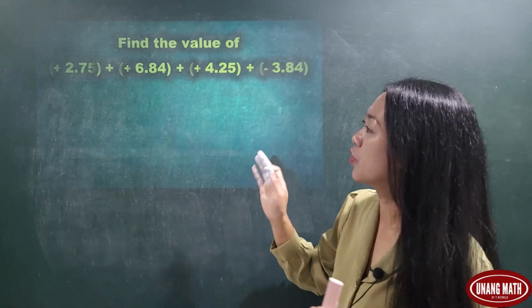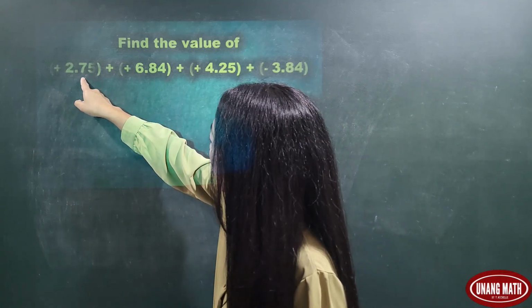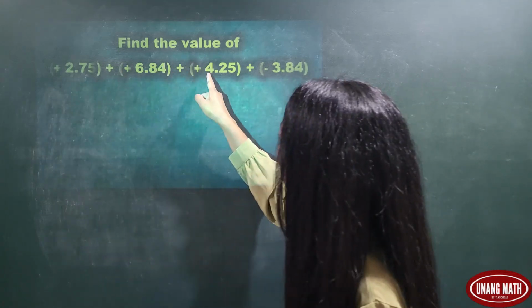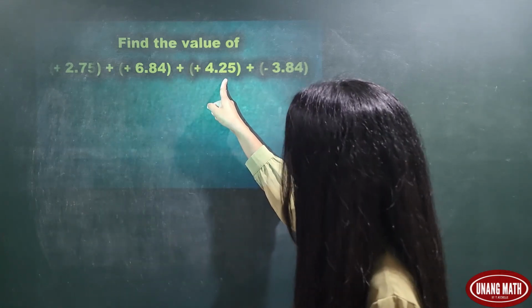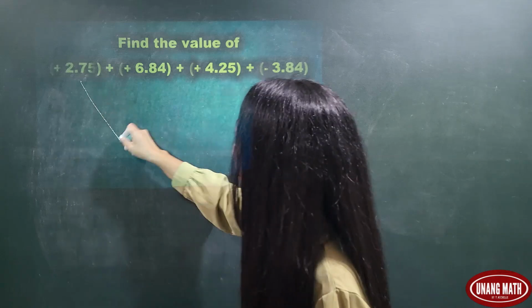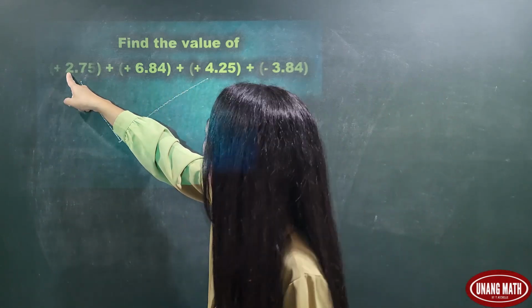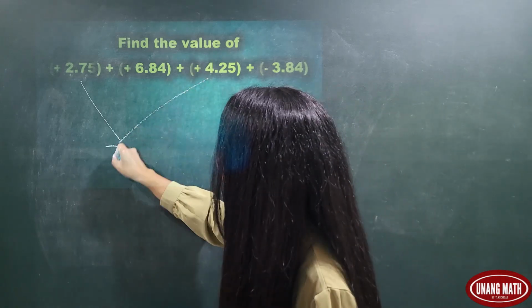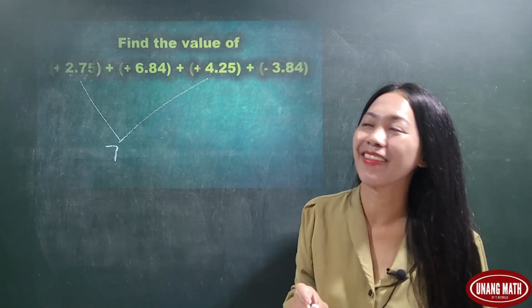If we look at the given numbers, we can combine first 2.75 and 4.25 because 0.75 plus 0.25 is equal to 1. So 1 plus 2, 3, plus 4, 7. So these two numbers are equal to 7.